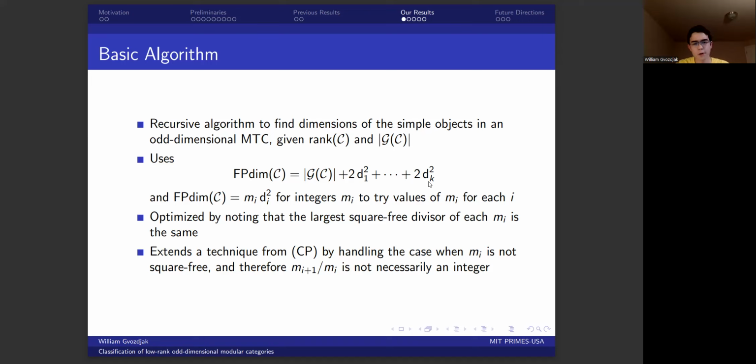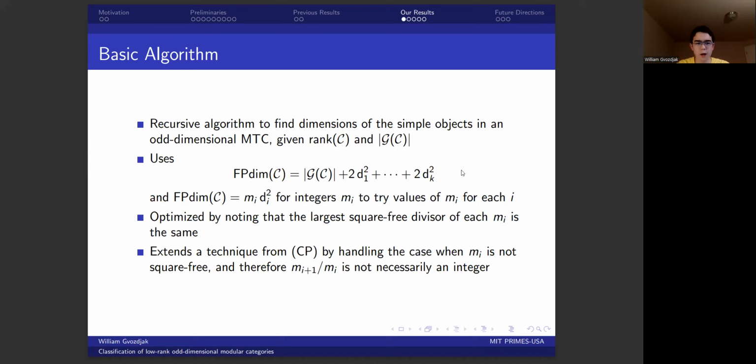What our recursive algorithm did was, every time we recurse to a new depth, we would try and remove one of these unknown variables. Until at the very end, we would obviously be left with just one unknown variable, which we could actually solve for. The way we did this reduction of variables was by using this idea that we saw a few slides ago, that the FPDIM of our modular category C is some integer multiple of the square of the individual dimensions.